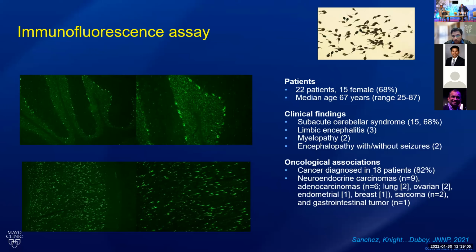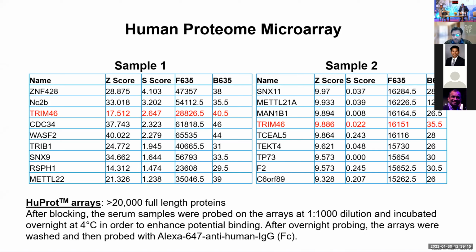To detect what was the underlying protein giving this tadpole appearance because of binding of the patient's antibodies, we utilized a third technique, which is called a human proteome microarray. This microarray includes more than 20,000 full-length proteins, which when screened with the patient's serum or CSF, we can detect binding of patient's antibodies to different proteins.